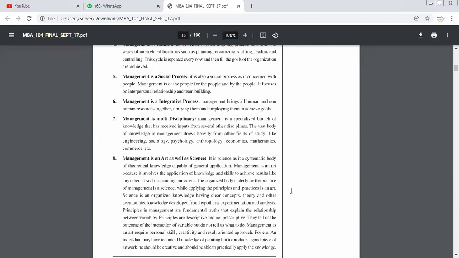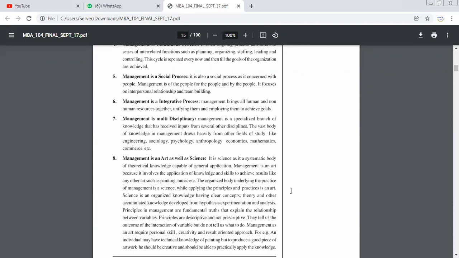Okay, now the next one is, management is an art as well as a science. It's a science as a systematic body of theoretical knowledge capable of general application. Management is an art because it involves the application of knowledge and skills to achieve results, like any other art such as painting, music, etc. In painting, music, etc., also you require management of activities.